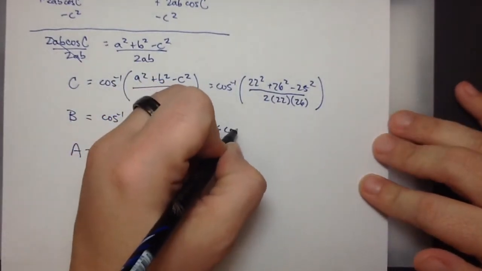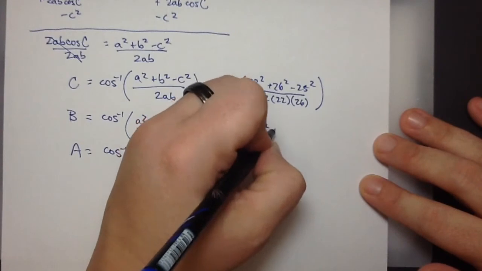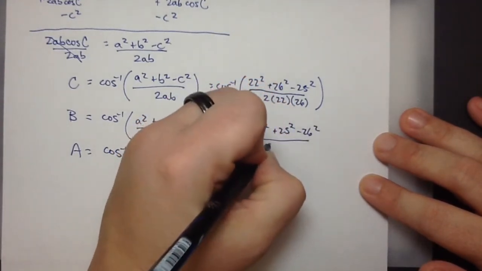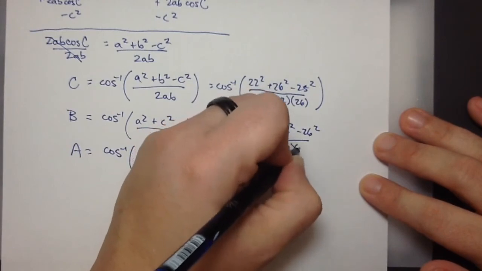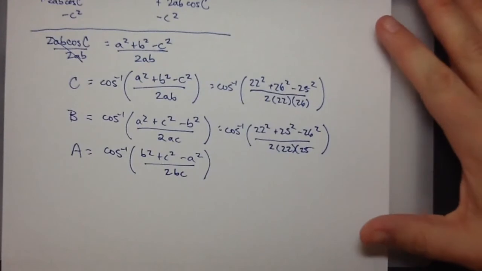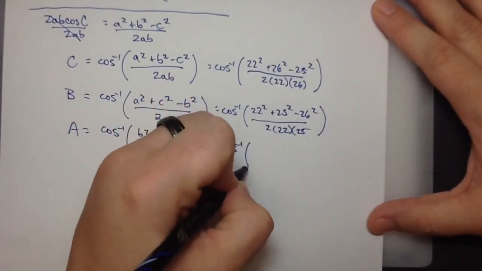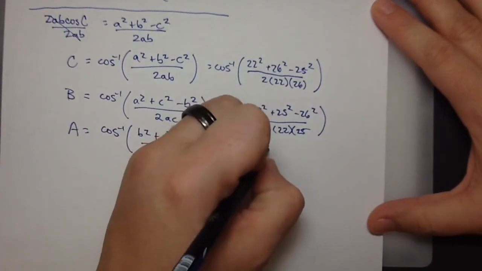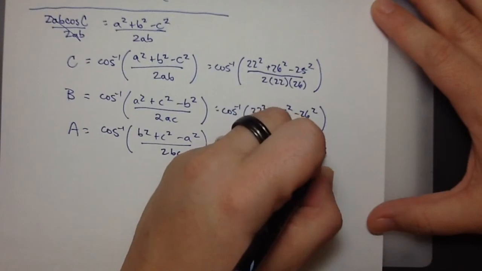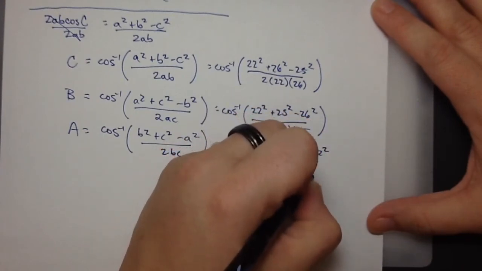And this is going to be the inverse cosine of 22 squared plus 25 squared minus 26 squared over 2 times 22 times 25. And then the last one, this is going to be the inverse cosine of 26 squared plus 25 squared minus 22 squared all over 2 times 26 times 25.